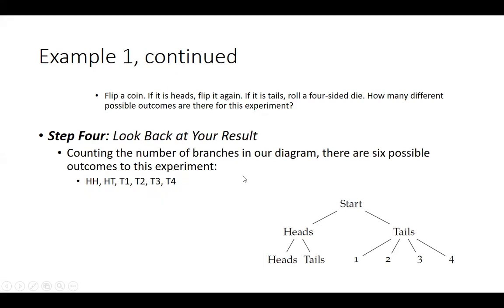So looking back at the result, we would count the number of branches in our diagram. There are 1, 2, 3, 4, 5, 6 possible outcomes to this experiment: heads heads, heads tails, tails 1, tails 2, tails 3, and tails 4.